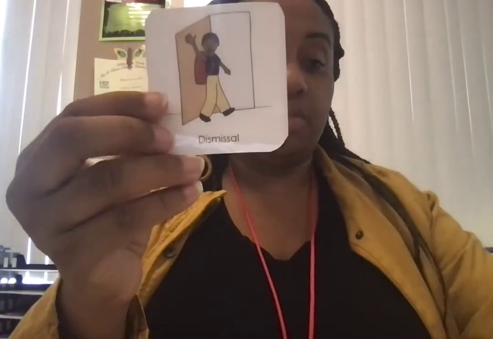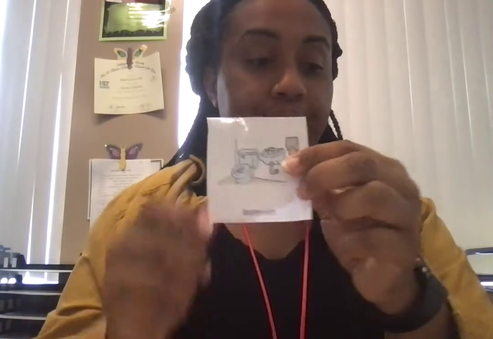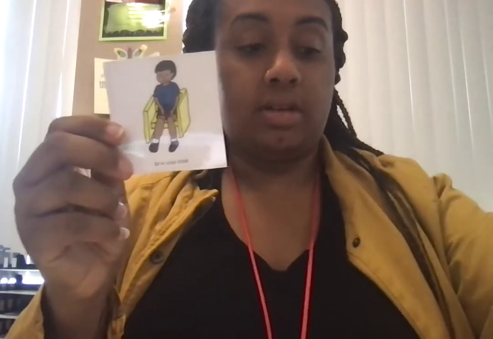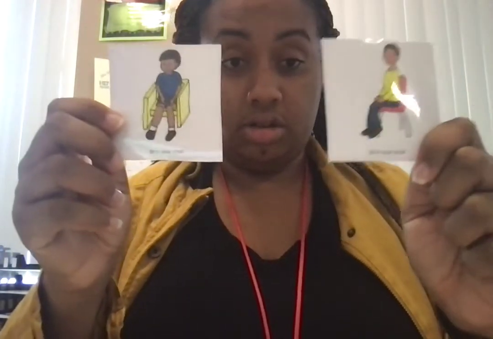And then also it has simple things that they need to do throughout the day, such as dismissal, work, bathroom, and sit in your chair. It also has different types of chairs so that they have a choice also.